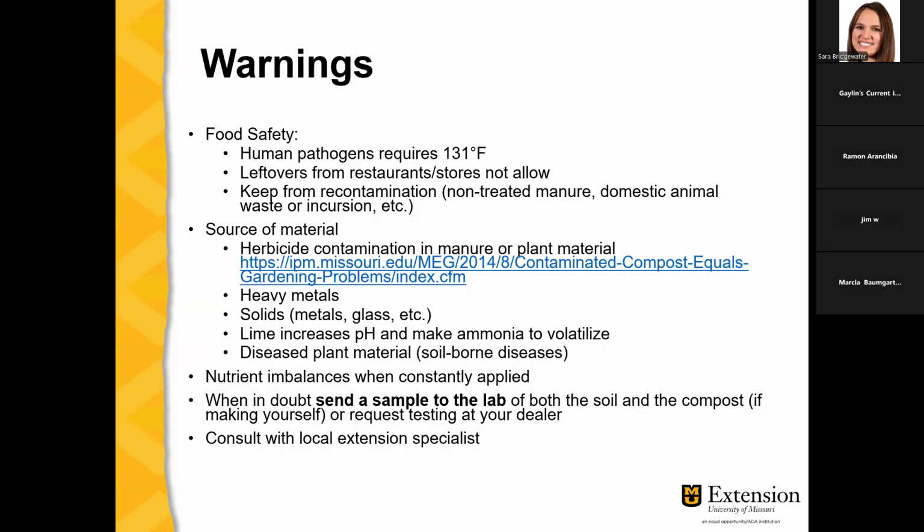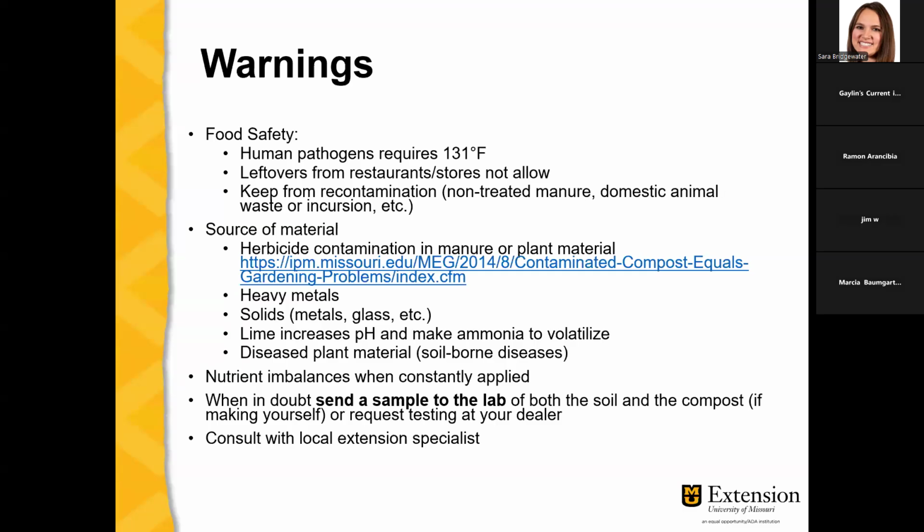Other things: if you use too much compost, you may have imbalances in the nutrients. Sometimes it can happen, but the imbalances can be fixed, and that's why it's important to have a soil as well as compost test at the lab, so you will know where you're at and amendments can be applied.